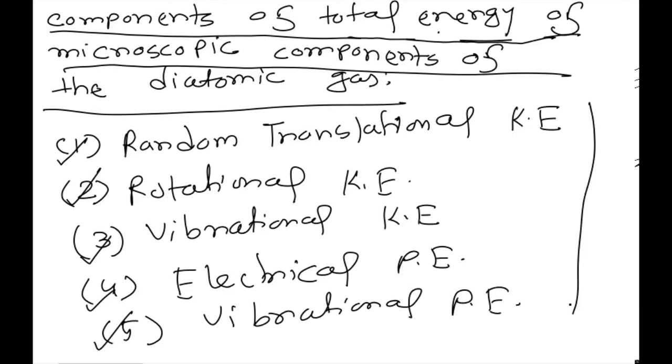For example, an ideal monoatomic gas has random translational motion only. That is, the molecules of an ideal monoatomic gas have random translational motion only. So, the total energy of its microscopic components consists of random translational kinetic energy only.